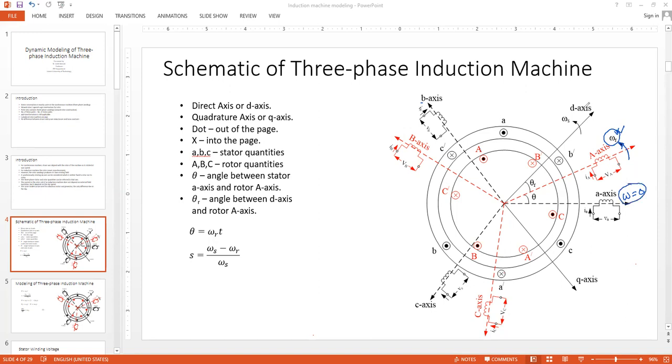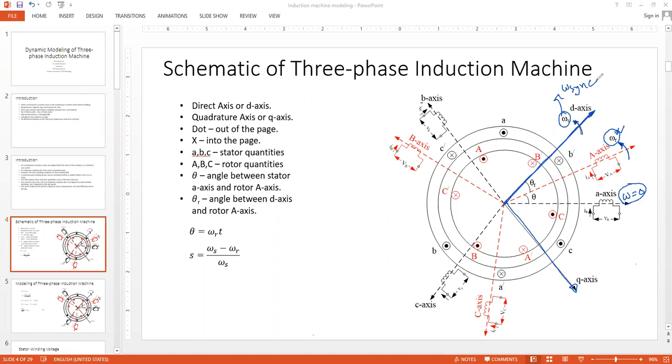So if you want to introduce the dq axis, which is moving at synchronous speed, we have to introduce a new set of axes, that is d and q axis. We can't align this dq axis along the rotor, okay? Because the rotor is not moving at synchronous speed. This is why we introduced a new set of axes, that is dq set, which is moving at omega s, which is actually the same as omega synchronous. So this is the reason for introducing a new set of axes.